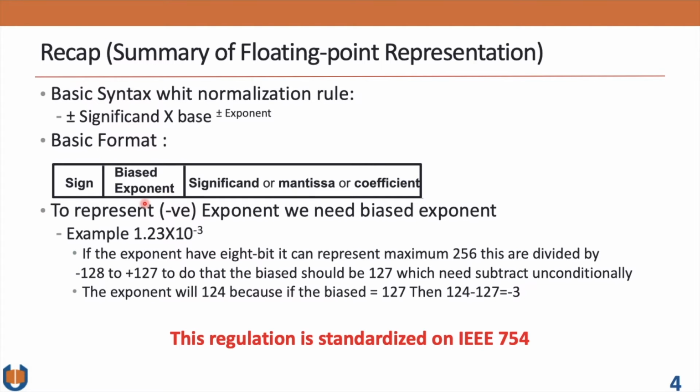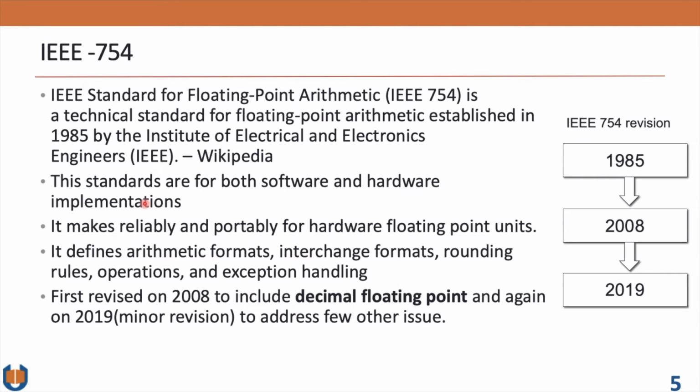Well, these are the basic things, but we need to standardize this, and all of it is defined in a standard that we call IEEE 754. IEEE Standard for Floating Point Arithmetic, or IEEE 754, is a technical standard for floating point arithmetic established in 1985 by the Institute of Electrical and Electronics Engineers.